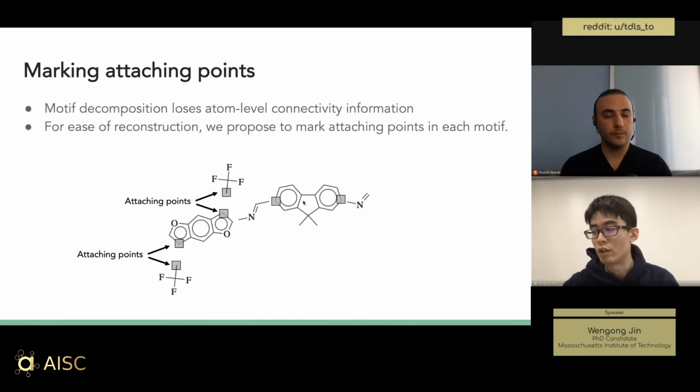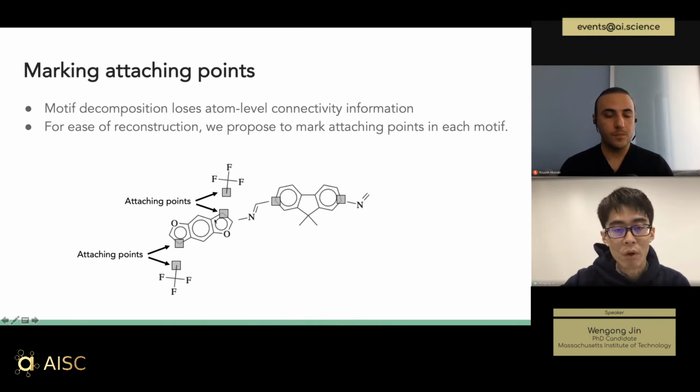As an additional piece, as you can see, the motif decomposition tends to lose a lot of atom level connectivity information. So notice that when you decompose these motifs, you can actually remember or label these attaching points in the motifs so that you don't lose too much atom level connectivity information.